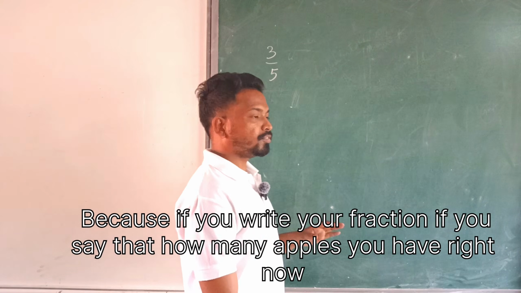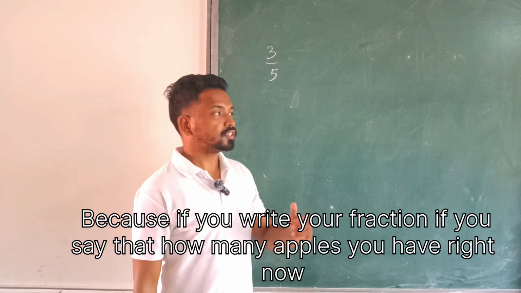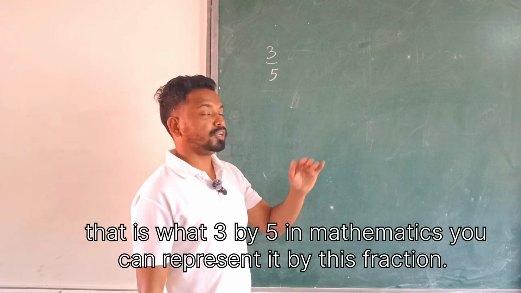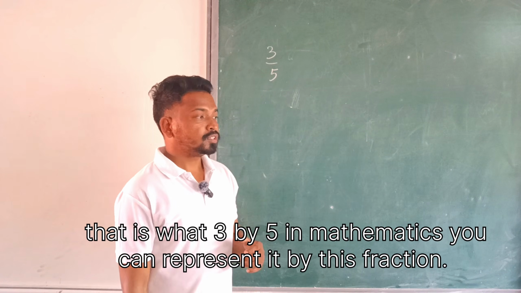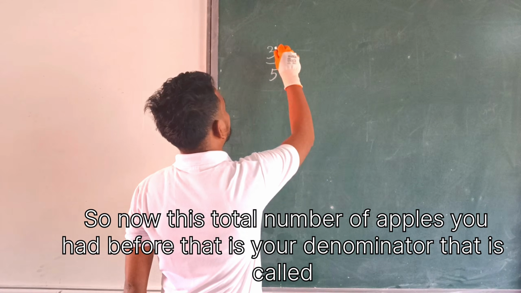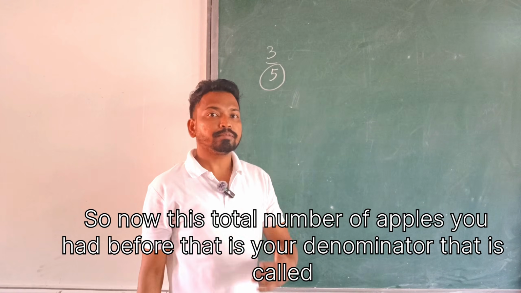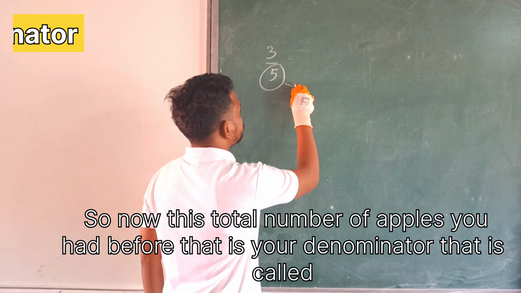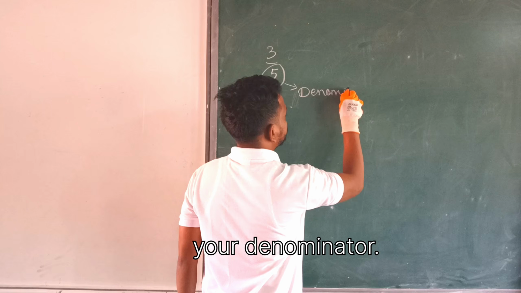Students, if you write your fraction, how many apples you have right now, that is 3 by 5. In mathematics, you can represent it by this fraction. So now, the total number of apples you had before, that is called your denominator.